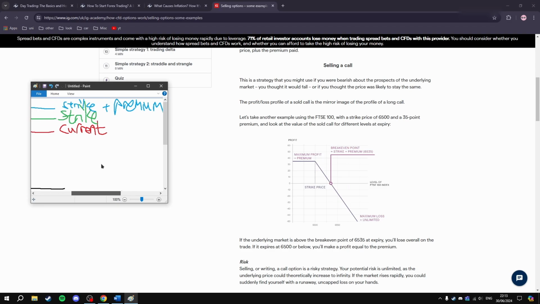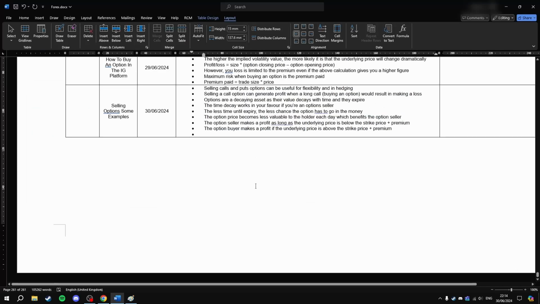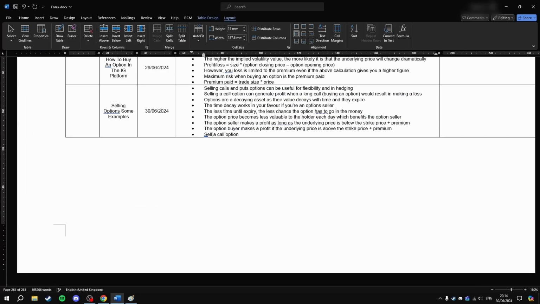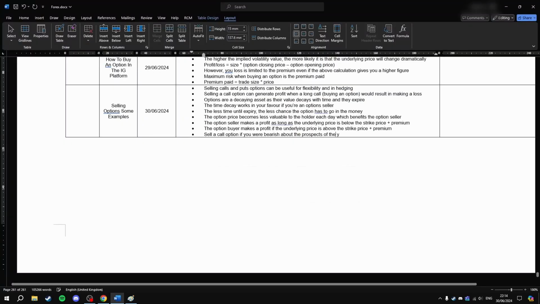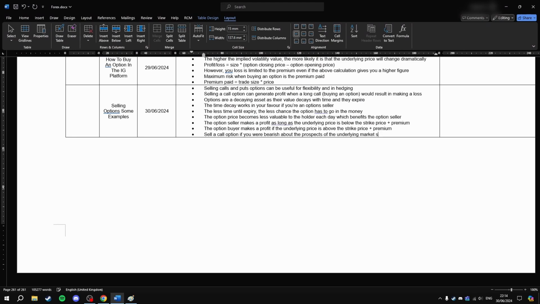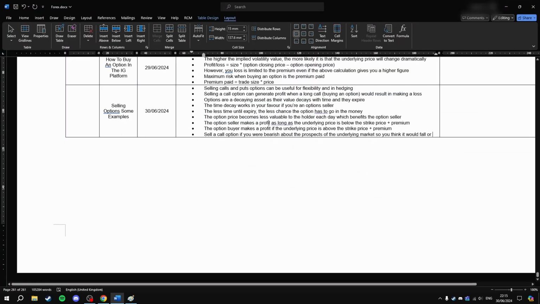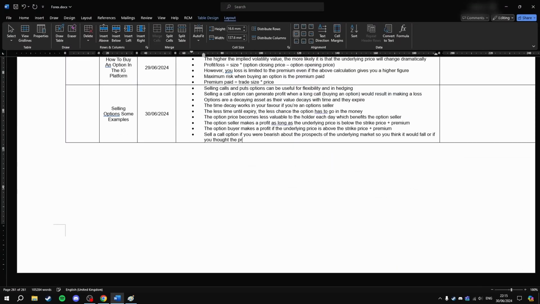So hoping it goes lower so that you can sell it for a much higher price than what the current underlying market is offering you.